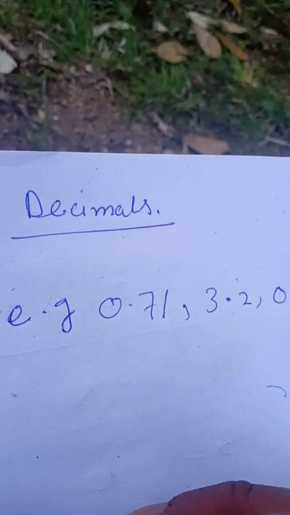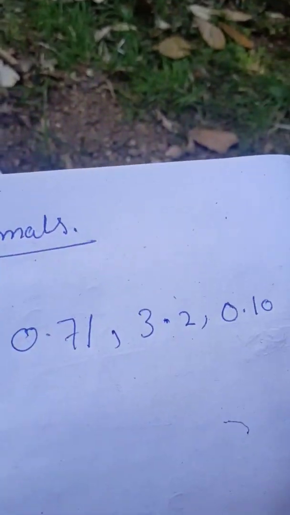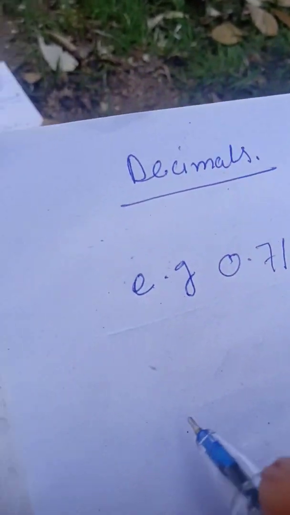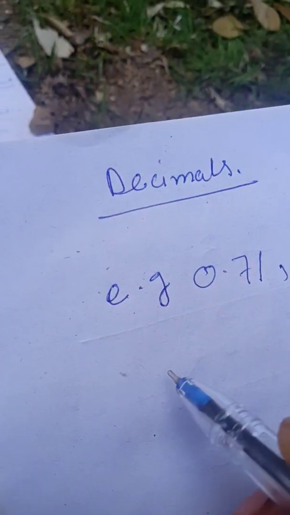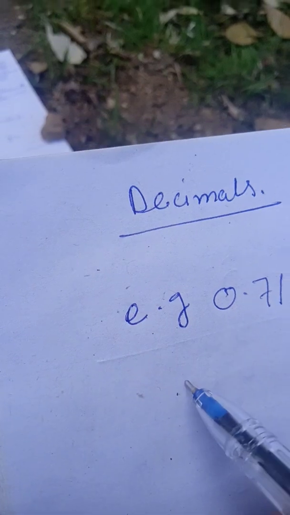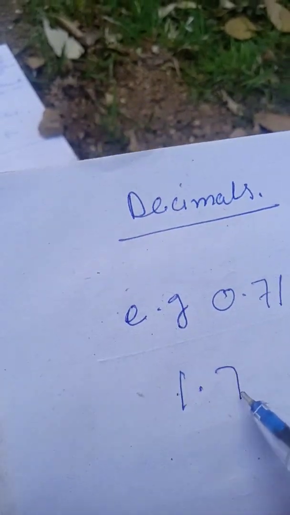So students, here I want to write a decimal number. For example, 1.76.